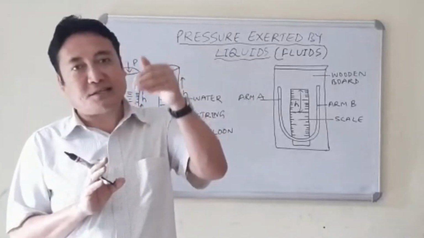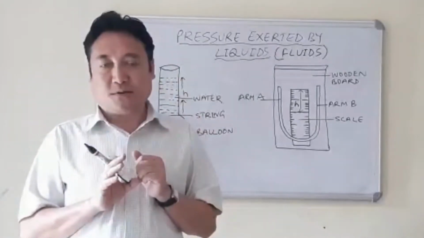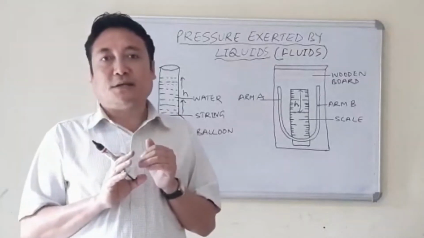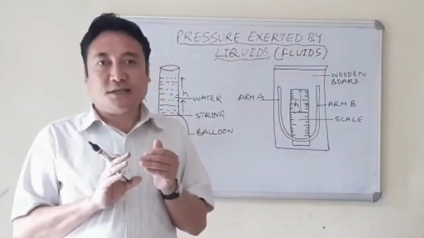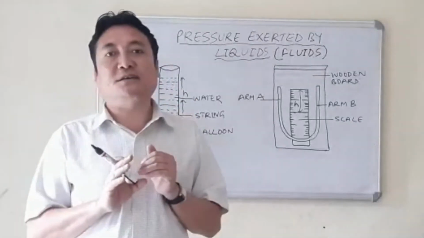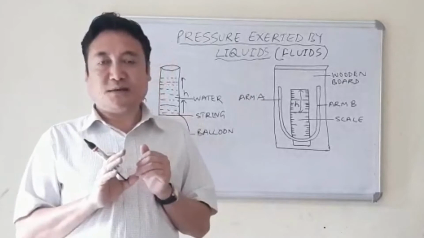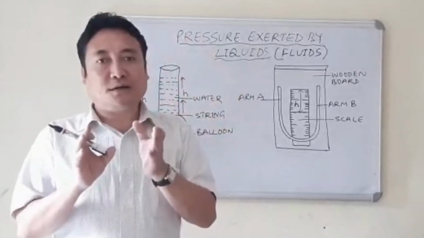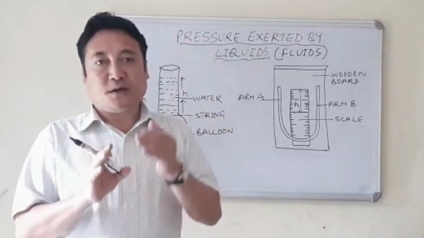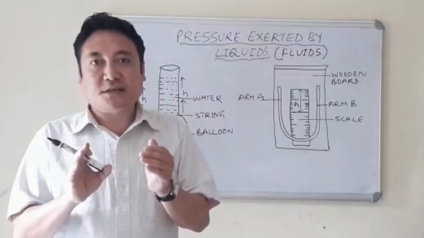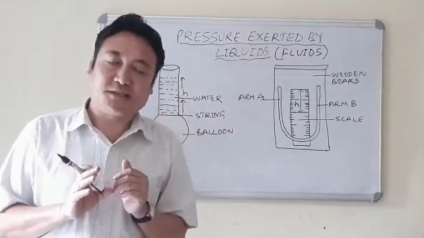That means the pressure is exerted in the downward direction in a solid. Whereas in a liquid, the pressure is exerted downward as well as at the side of the vessel. That means when you put water in a container, the water will exert pressure downwards towards the base of the vessel, as well as towards the side of the container.